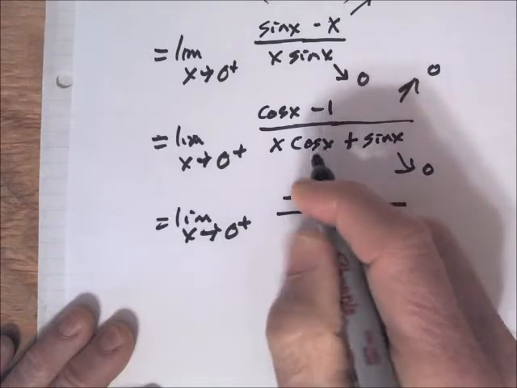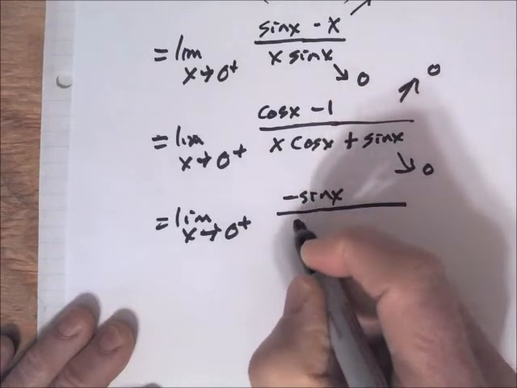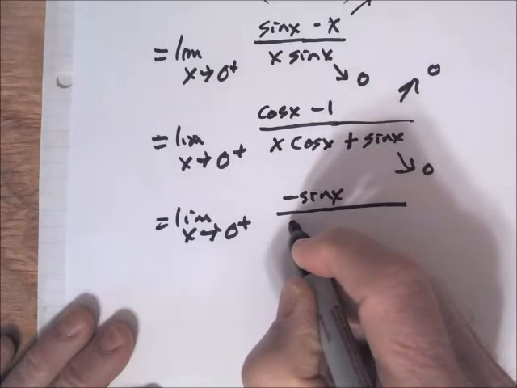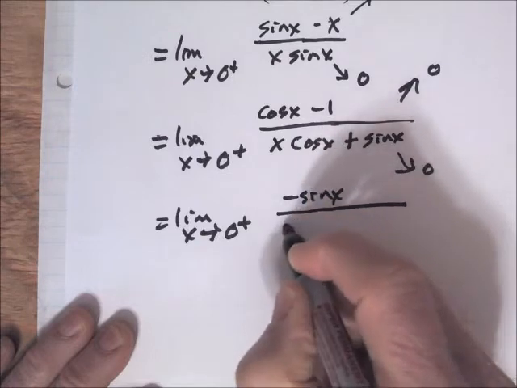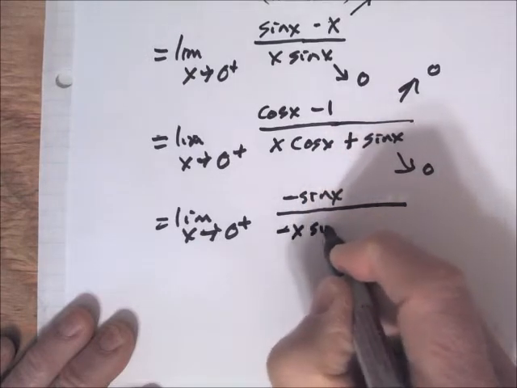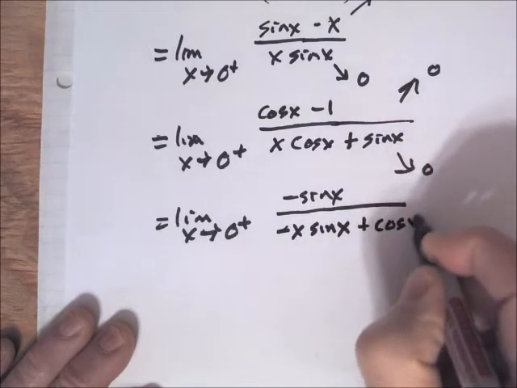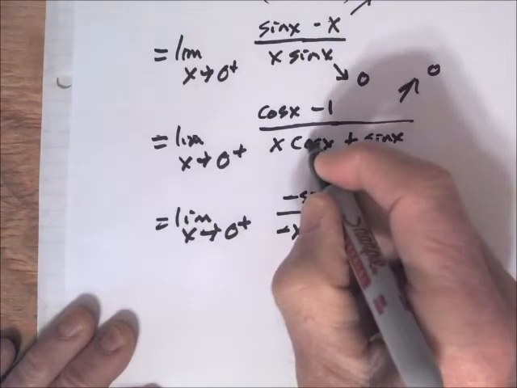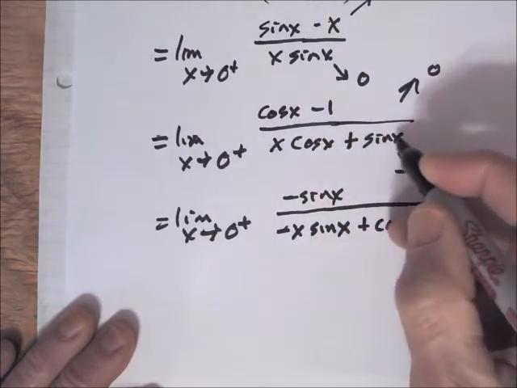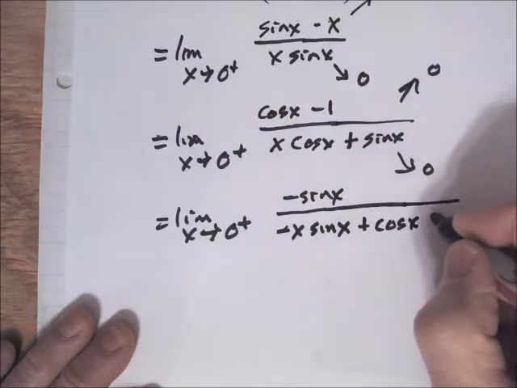So we can apply the product rule here. The derivative of the cosine is minus the sine, so it's minus x sine of x, plus cosine x times the derivative of x, which is 1, and the derivative of sine is plus the cosine.